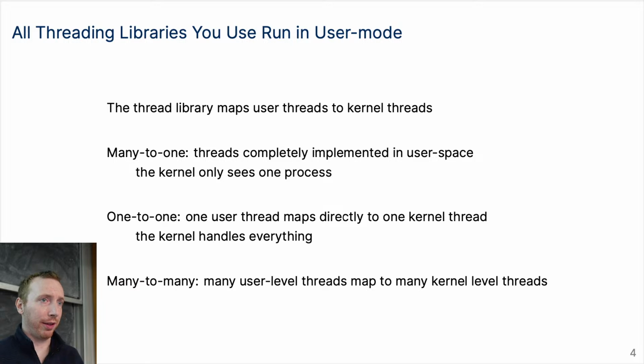Basically, all the threading library does in the pthreads case is make a stack for each thread for you, saving you from having to write a fairly nasty system call. And in the many-to-many model, it's a free-for-all. Many threads can map to as many kernel level threads as you want, and we'll see maybe why you would want to do something like that.